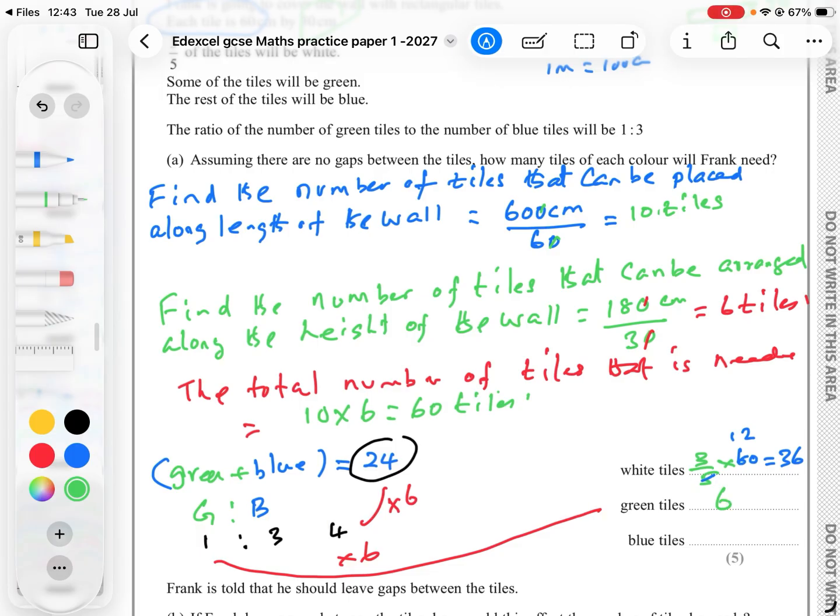And blue, 3 times 6. Your multiplier is 6. So 3 times 6 is 18. You need blue tiles, 18.